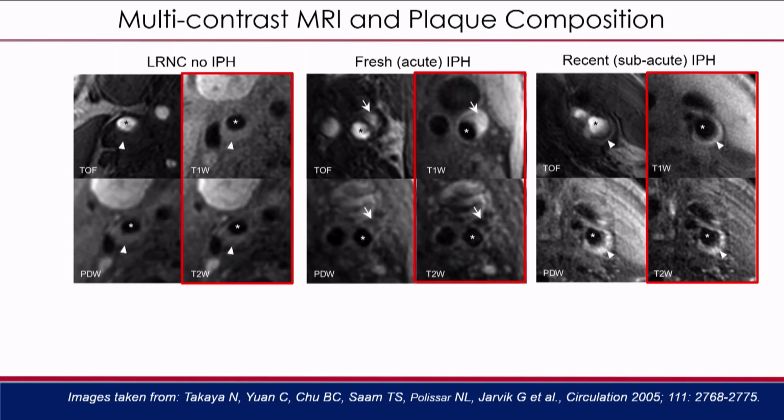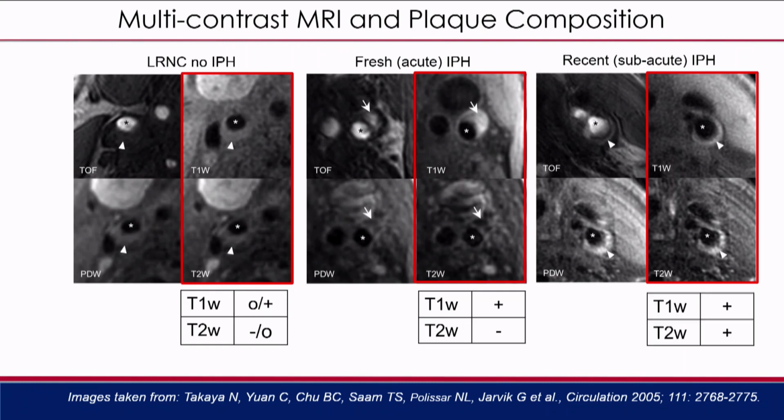If we just look at the T1 weighted and T2 weighted images, the combination of those two gives enough information to differentiate, for instance, a lipo-rich necrotic core without intraplaque hemorrhage, or one that has either a fresh IPH or a recent IPH.